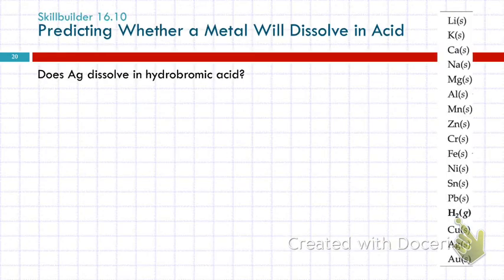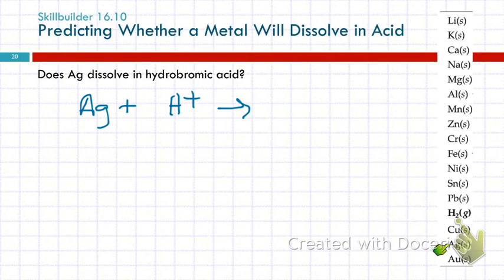So, does silver dissolve in hydrobromic acid? What we're looking at here is silver plus acid. Is something going to happen? So silver's got the girl, he's charged up. Silver does not. So we're going to look over here, there's hydrogen. Silver is lower.